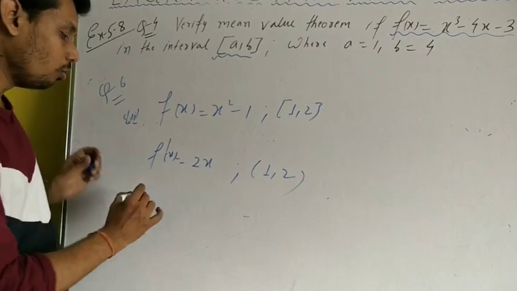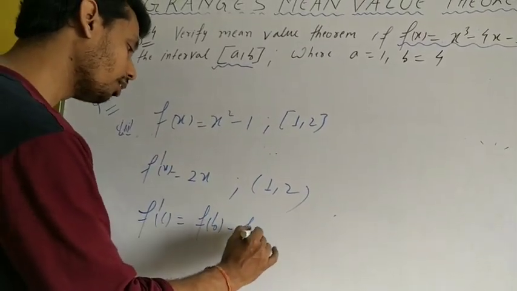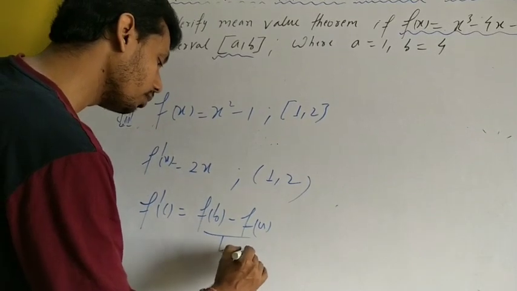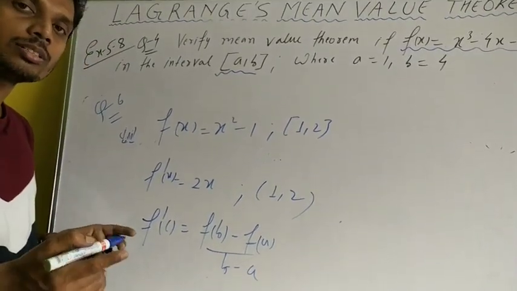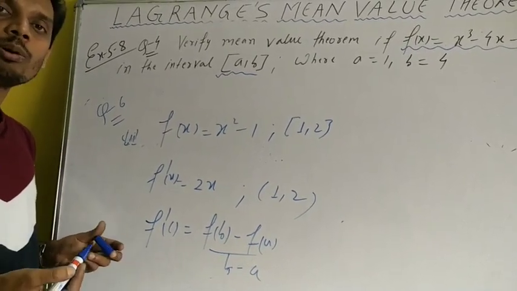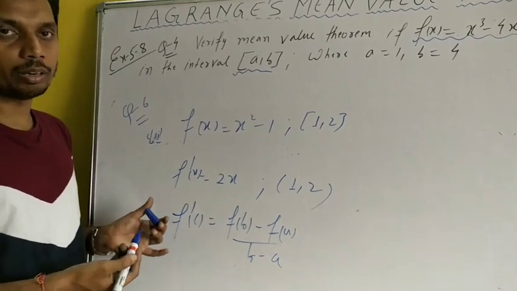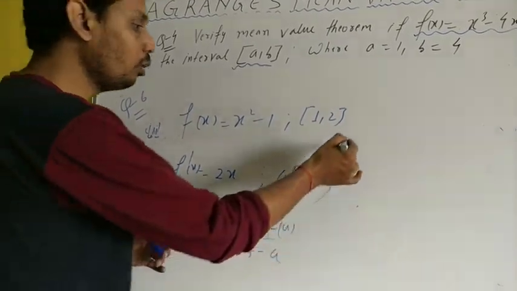Straight away, we just equate f dash c to f of b minus f of a upon b minus a. And after simplifying this, whatever value of c comes, we just see whether it belongs to the open interval a comma b or not. If it does, then we say that the function holds Lagrange's mean value theorem.